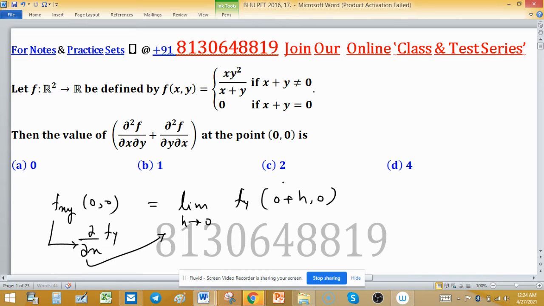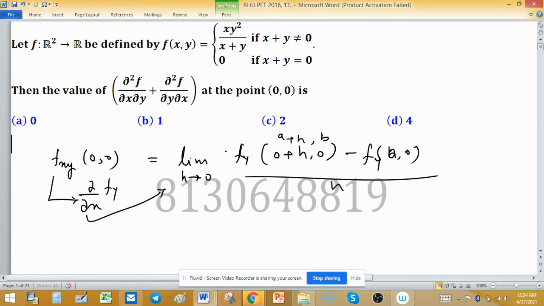These are points, as you can understand, (a plus h, b) if we are doing the partial derivative at the point (a, b). So we can write it like this: minus f_y(0, 0), divided by h. To find this limit, first we need to calculate these two expressions.